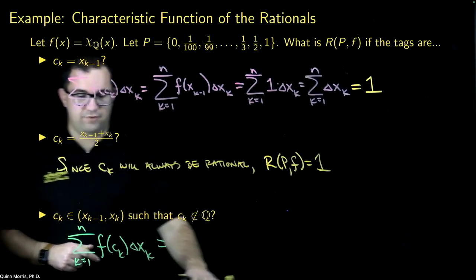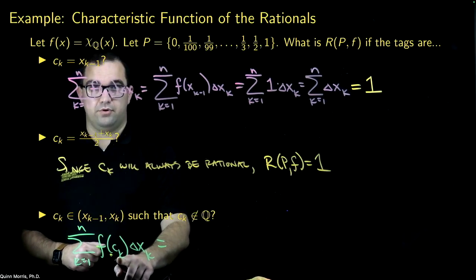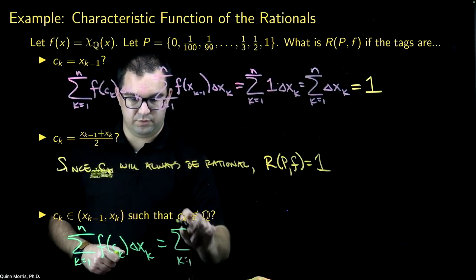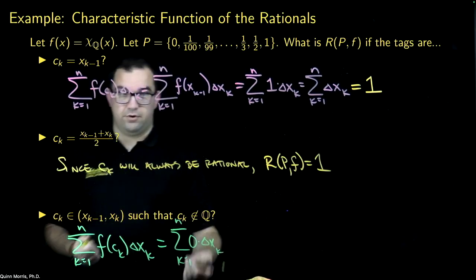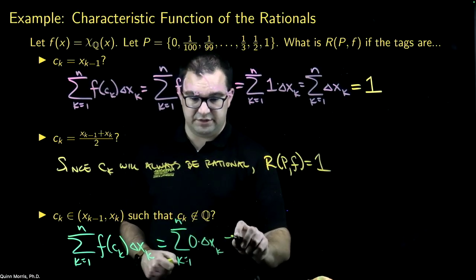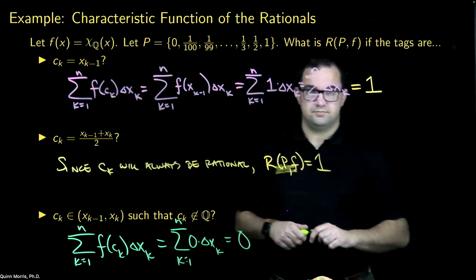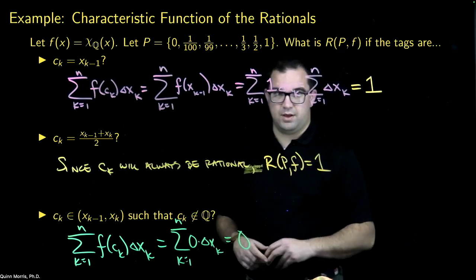And since these are not rational, f of an irrational number is 0. So this is the sum k equals 1 to n of 0 times delta x sub k. But 0 times that delta x sub k is going to be 0. It's going to be a finite sum of zeros, which is going to be 0. And so here you have a Riemann sum which is 0.